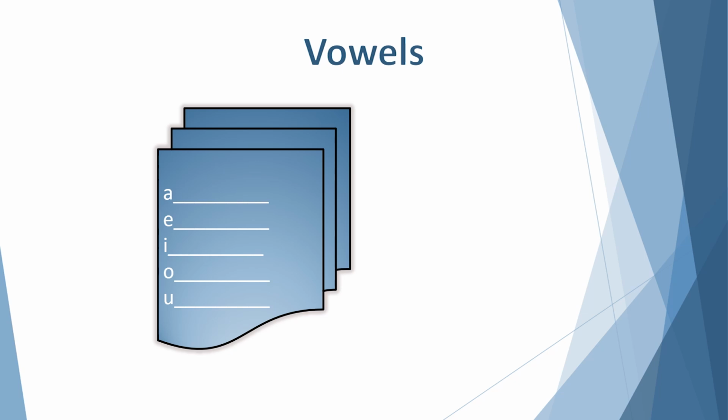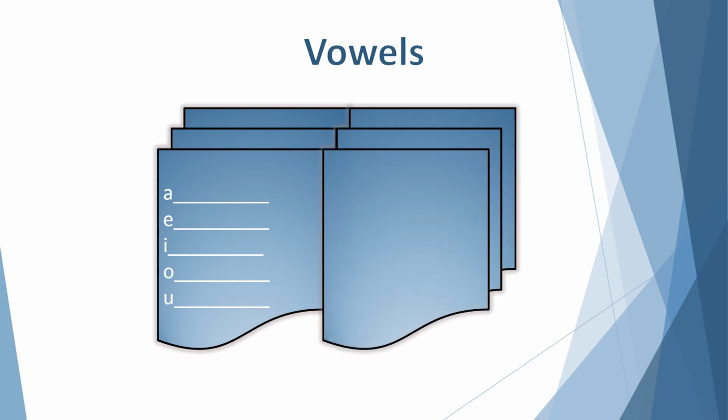So before the nouns which start with these vowels, we always use an. For example, an animal, an elephant, an inkpot, an object and an umbrella. So before the words animal, elephant, inkpot, object and umbrella, we have used an because they start with vowels.